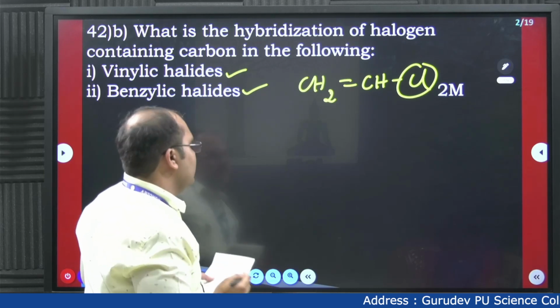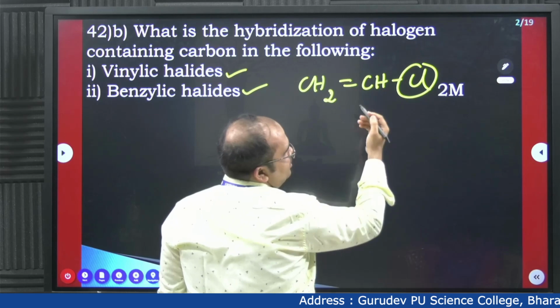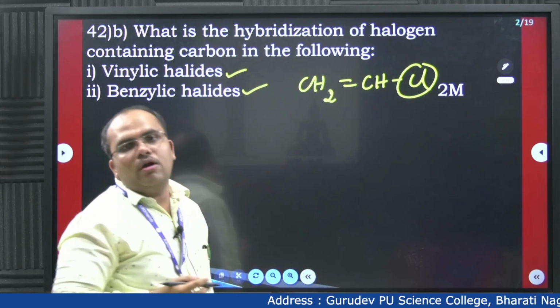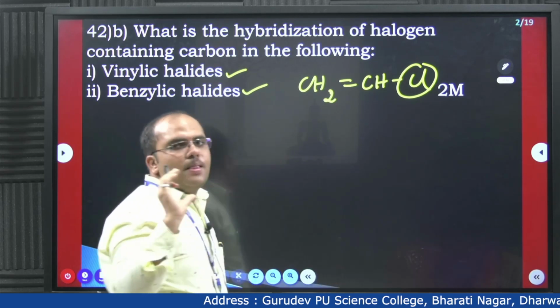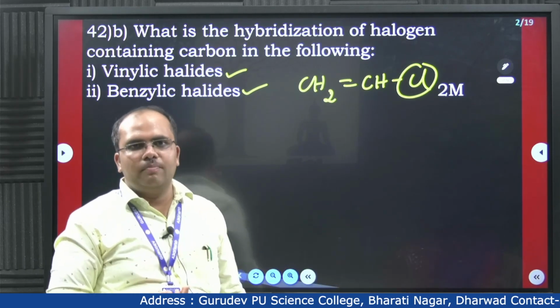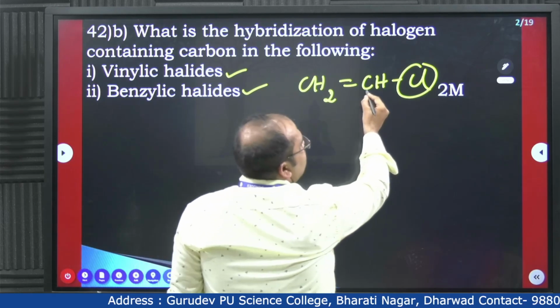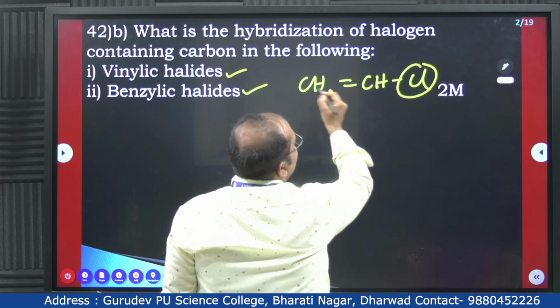So here the carbon has what type of hybridization? You already know that hybridization depends on the number of atoms attached to each carbon atom. So this carbon is attached to how many atoms?